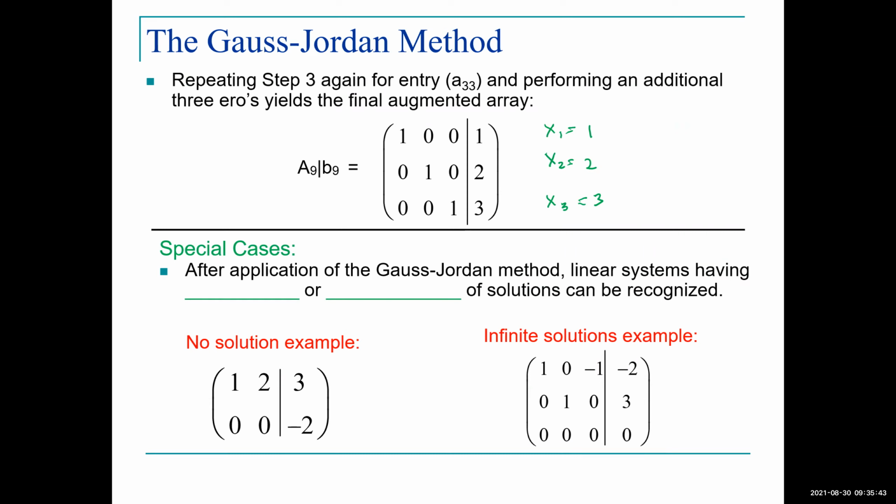Hopefully you had a chance to work on it. Do you have any questions about how to get to that final answer? So this is the answer. We get x1 equals 1, x2 equals 2, and x3 equals 3.